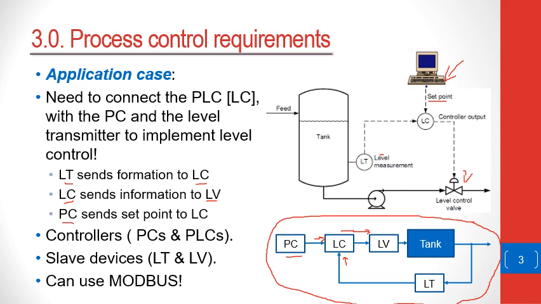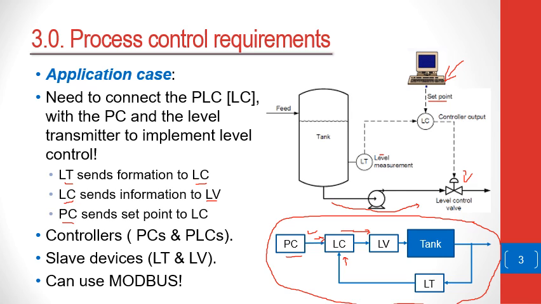For example, if the current level is below the required level as per the set point, then the level valve will be opened so that the fluid from the tank can be pumped out. And then the tank, on the other hand, so this is basically how it controls the level in the tank, and so on and so forth.